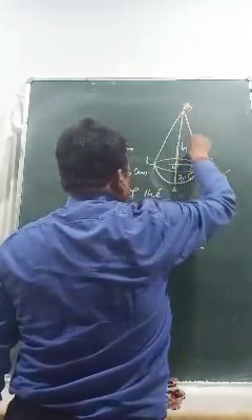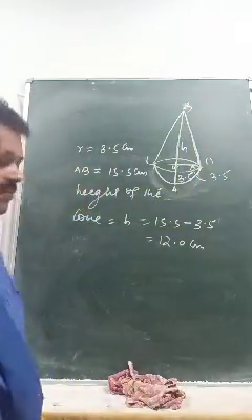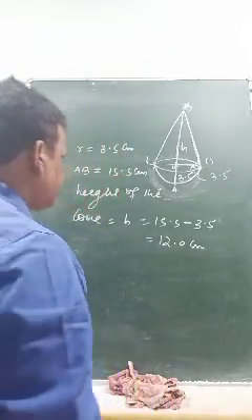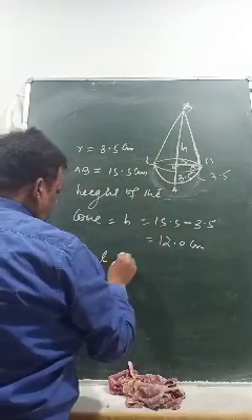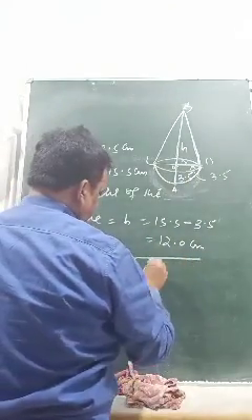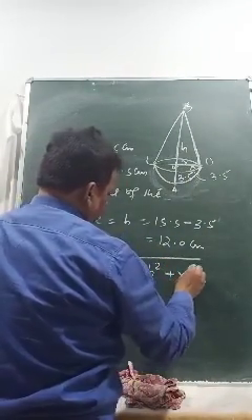Okay, let's find the slant height. I think I forgot to tell you a formula. The formula for slant height is Pythagoras theorem. L equals root over of h square plus r square. This you have to remember.